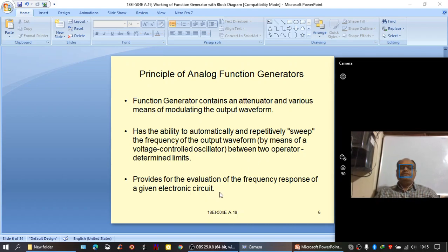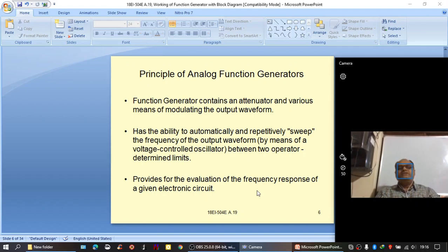And a function generator also provides for evaluation of the frequency response of a given electronic circuit. Any electronic circuit can be tested. That means the performance or the frequency response of any electronic circuit can be tested only if those frequency signals are available.